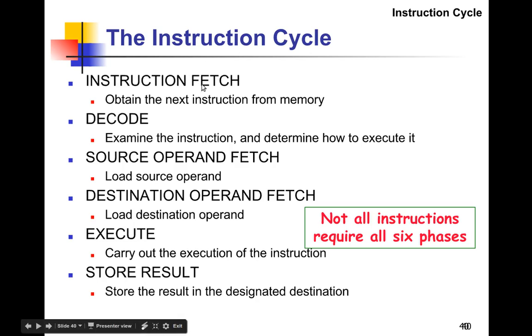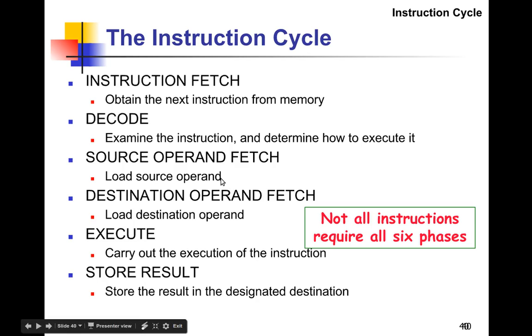So here's how an instruction cycle normally works. First thing that happens is the instruction fetch. So you really need to obtain the machine code instruction from memory. That's what's happening on that phase. Then there's a phase where we have some logic which decodes whatever that machine code instruction was to determine how to execute it.